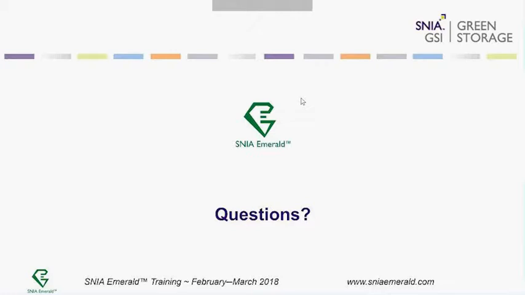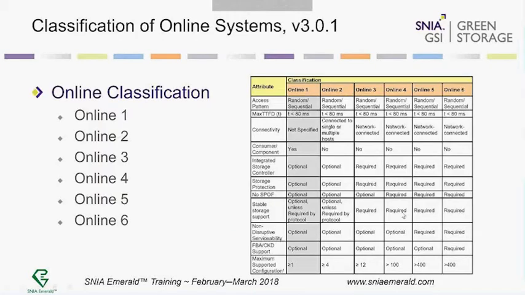Herb, you want to go back to the last slide? Sure. So, in the Online 2 classification there, the only difference between our Online 2 and the Online 2 that Energy Star has is in the storage protection category.